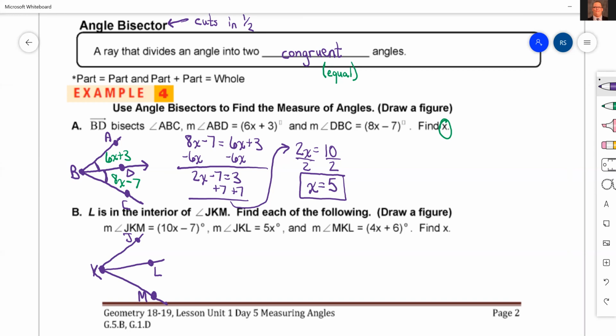Now let's label what they give us. They give us that JKM, so the whole thing, is equal to 10x minus 7. JKL is 5x. And MKL, that's the bottom angle, is 4x plus 6.